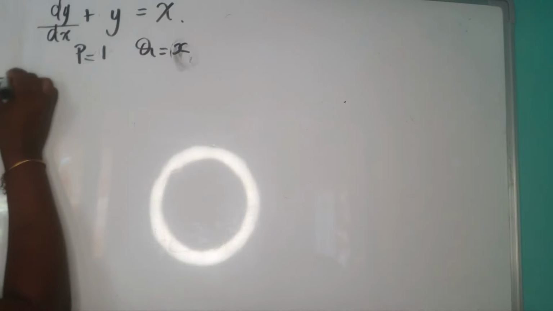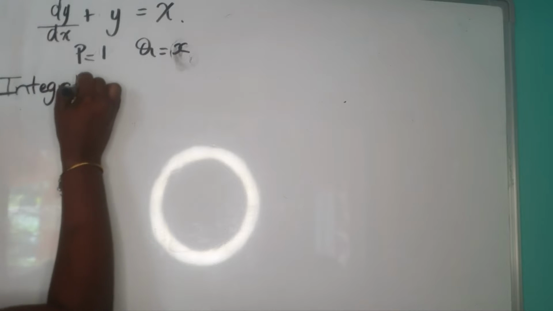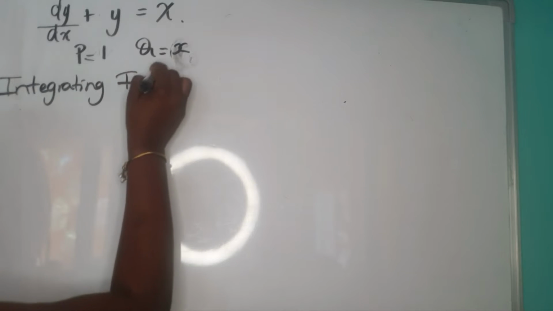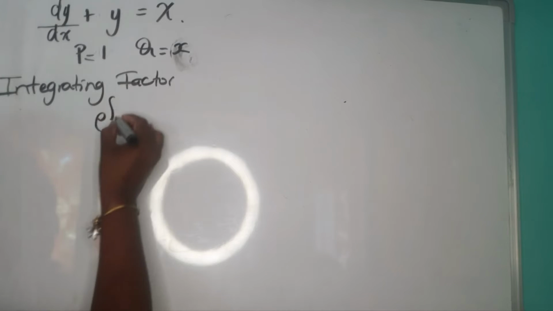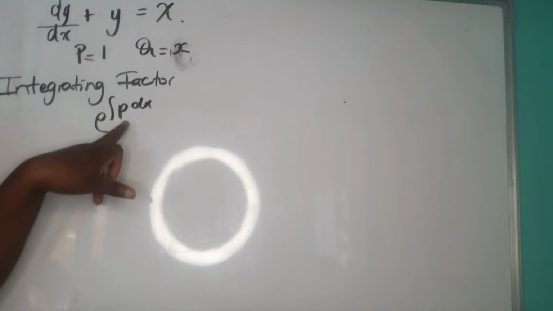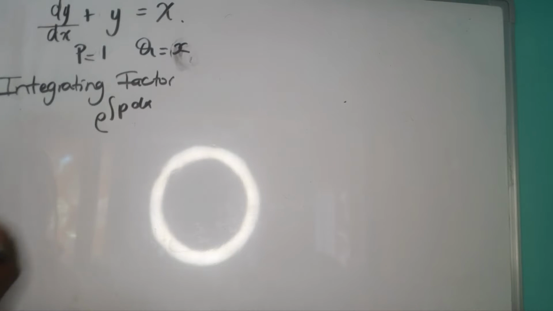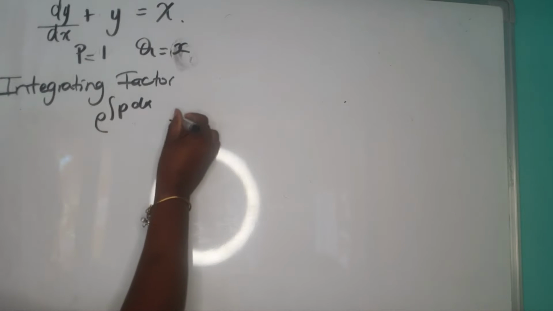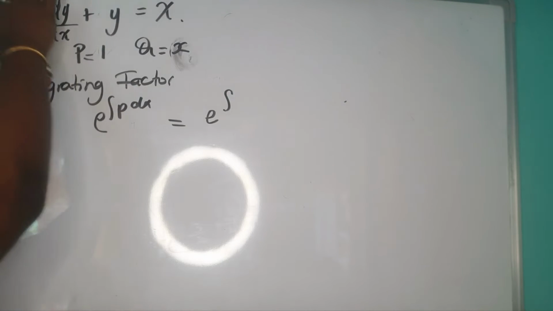After we identify our p and our q, we're going to find our integrating factor. Our integrating factor is e to the integral of p dx. That means whatever p is, we're going to be integrating it with respect to x. Now, that is e to the integral of 1 dx, since the p we found in this equation is 1.